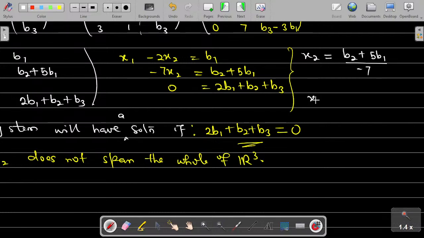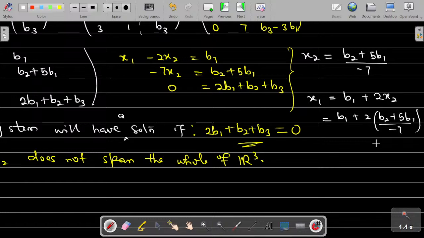And then our x1 will be equal to b1 plus 2x2, because this will come over this way. So you can substitute to get x1 plus 2x2, remember, you are going to have 2 times b2 plus 5b1 all over minus 7.